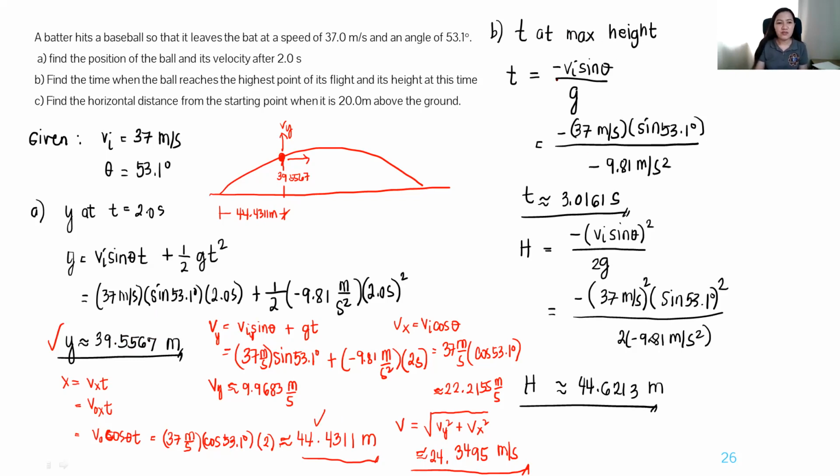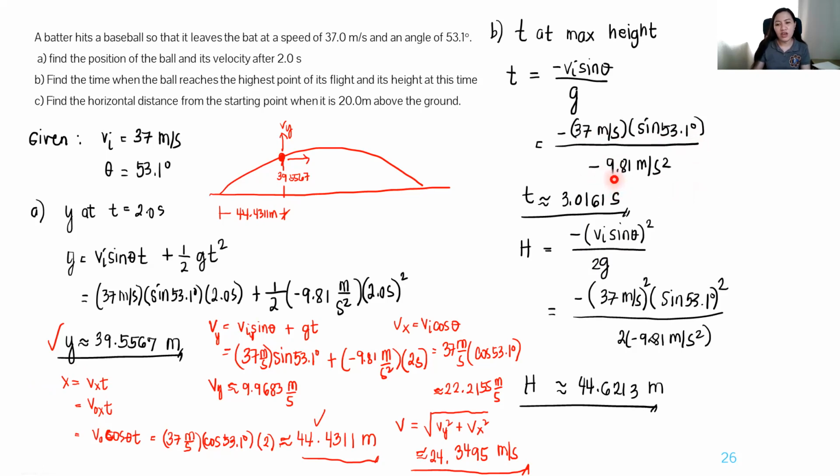Okay, so letter B, find the time when the ball reaches the highest point. So we're just going to use the formula discussed. So we're going to use t equals negative Vi sine theta over g. So all we need to do is to substitute the values: negative 37 meters per second, sine 53.1 degrees.